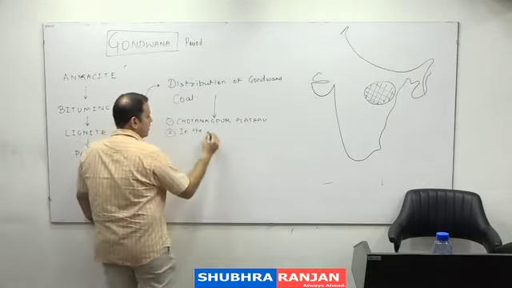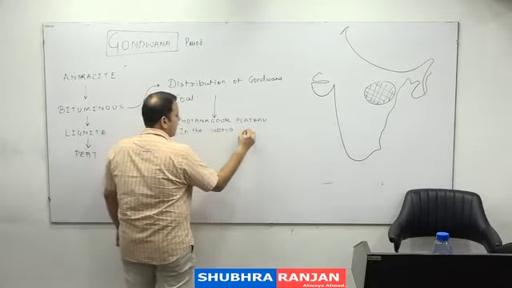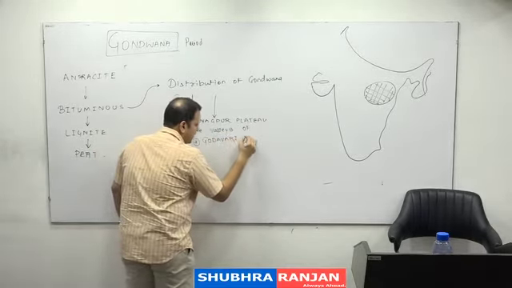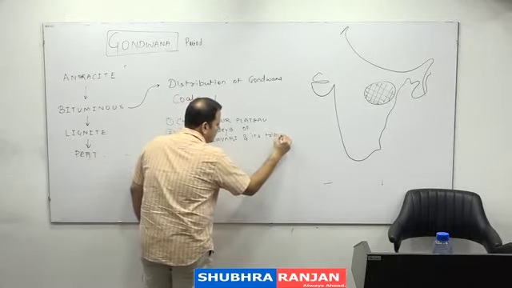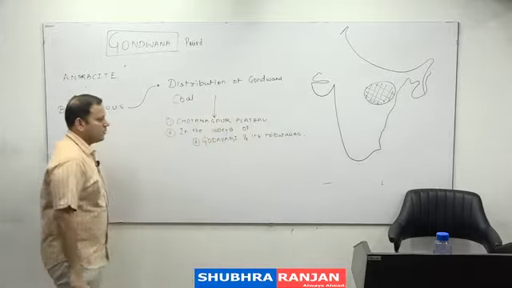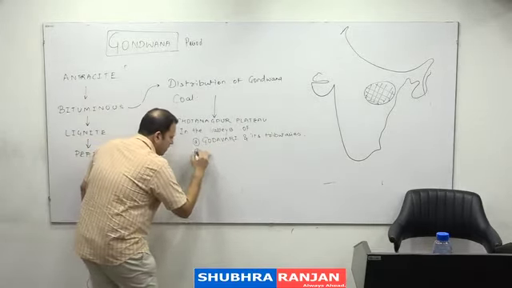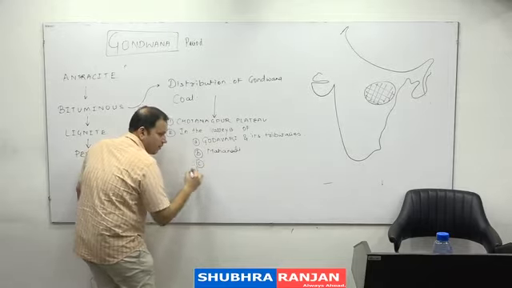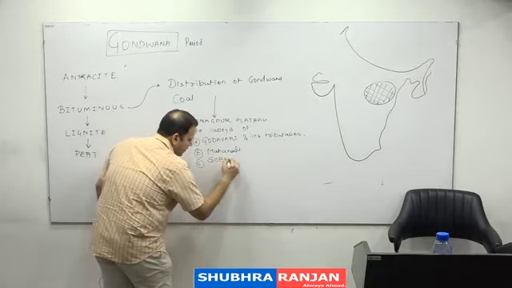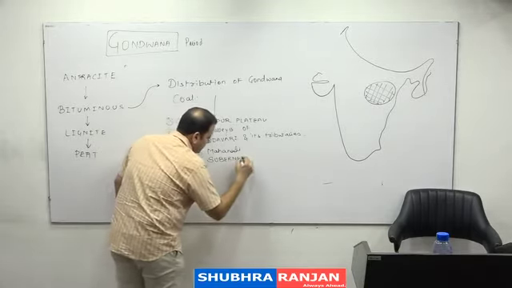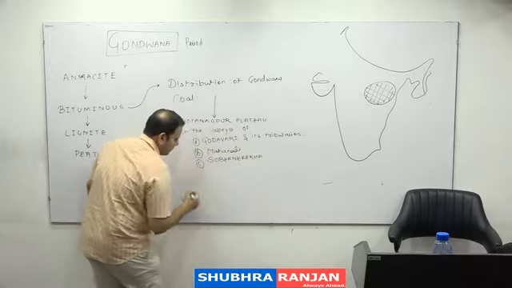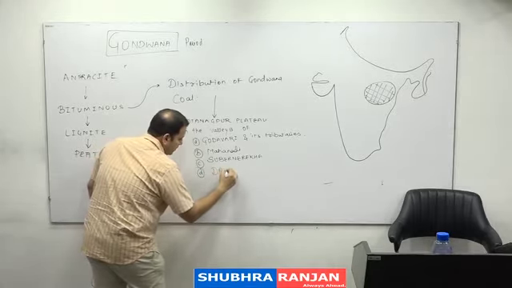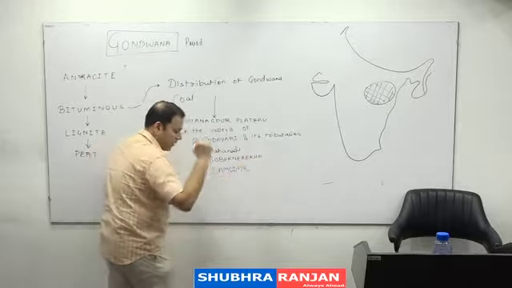In the valleys of Godavari and its tributaries, Mahanadi, Subarnarekha, and Damodar.